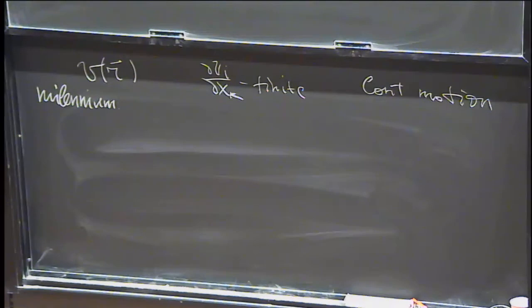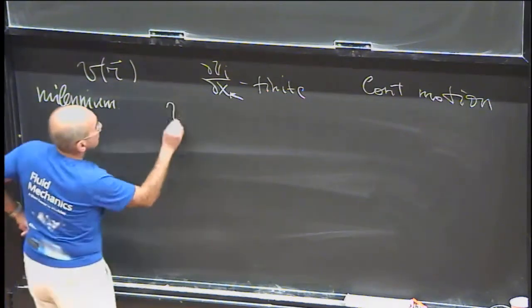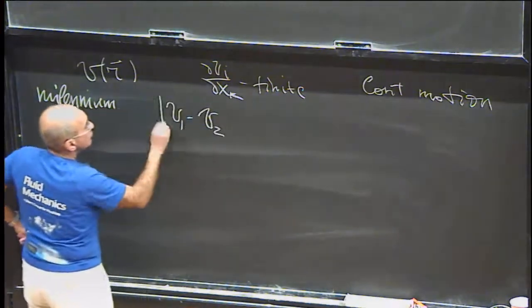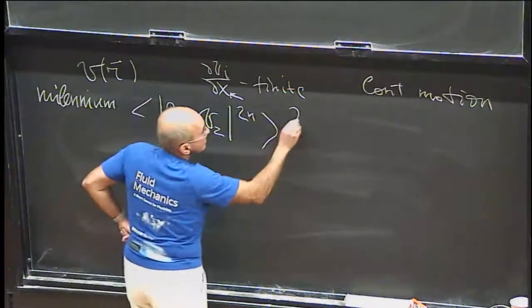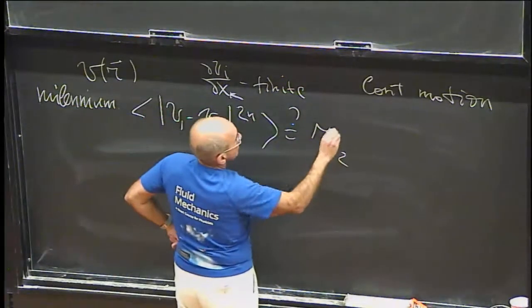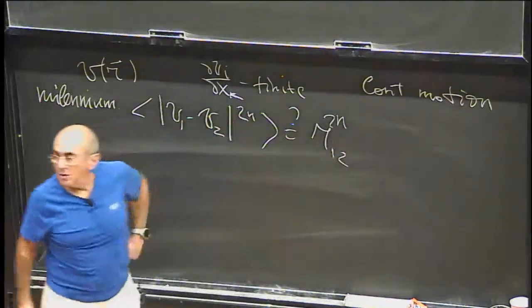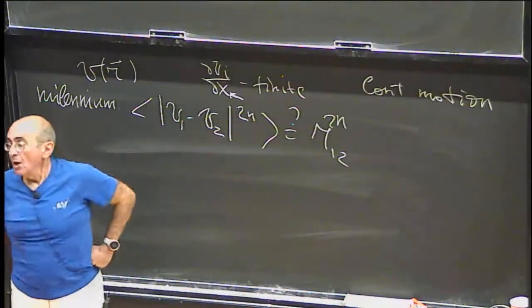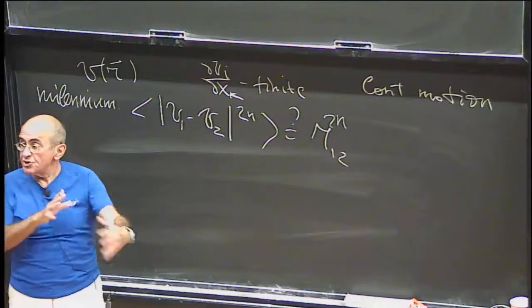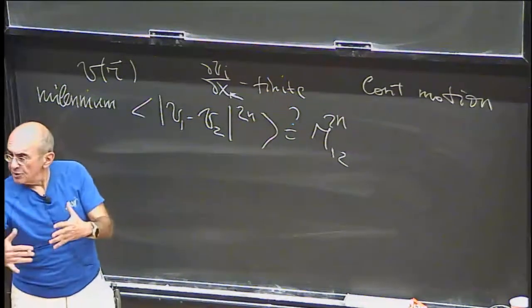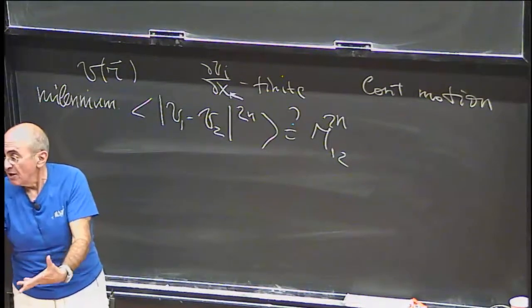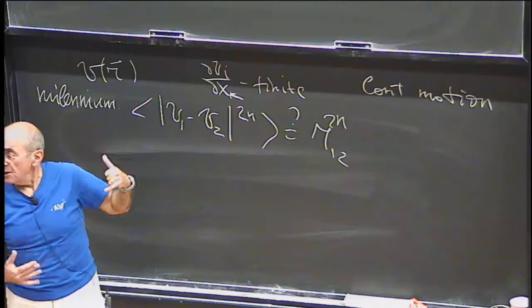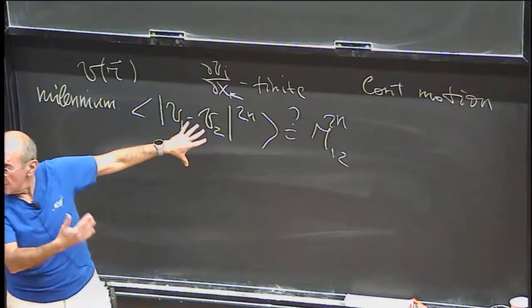Statistically means that there are some moments of the velocity field. Let's say you take the velocity at point 1, the velocity at point 2, take the modulus, take the square, whatever, and you ask if it's R12 to some power; the answer is no. On one hand, it could be that the measure slowly goes to 0 as you approach a singular realization, or it could be that a singular realization actually has probability 1, which is the Millennium Prize. So statistics does not yet mean that you dynamically violate it.